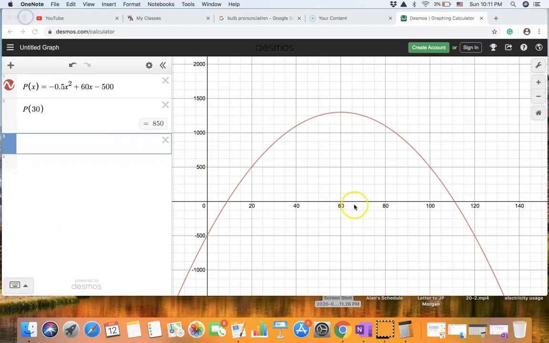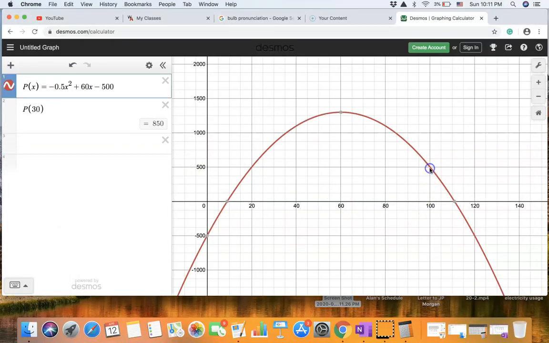And when there are 100 people, the profit is only 500. And when there are 60 people, the profit is 1,300. And if there are about 110 or 111 people, then the travel agency doesn't make any money.